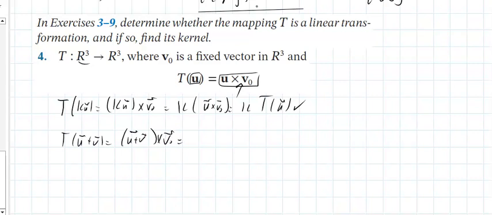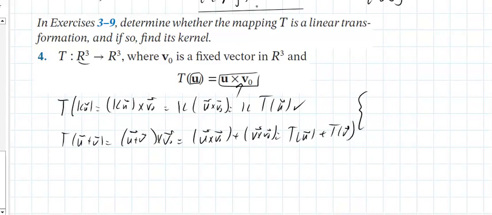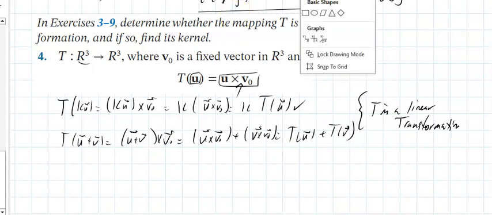Well, that's going to be U crossed with V naught plus V crossed with V naught, which is T of U plus T of V. So T is a linear transformation.